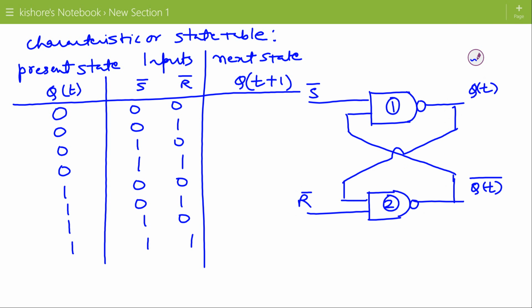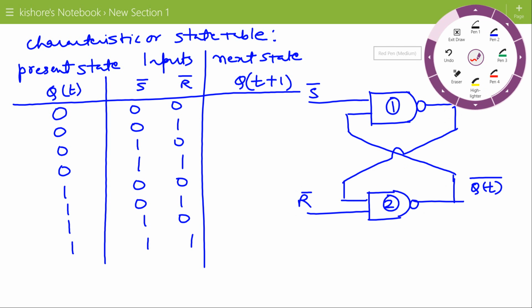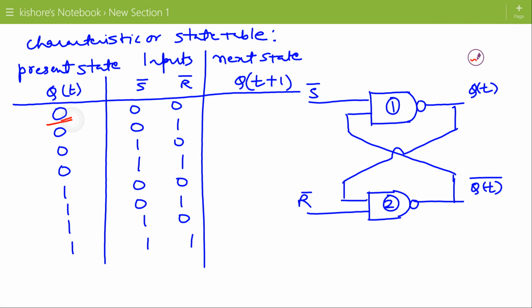Now let's see first state. When present state is 0, QT is 0, so QT bar has to be 1, S bar is 0 and R bar is also 0. Now here both the inputs are same and both the inputs are 0 for NAND gate.